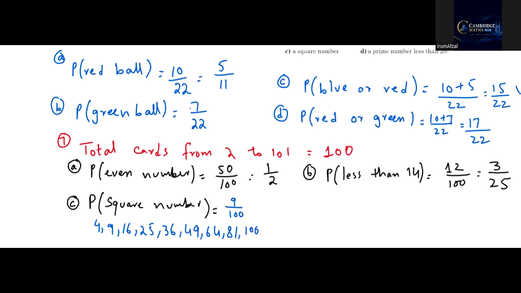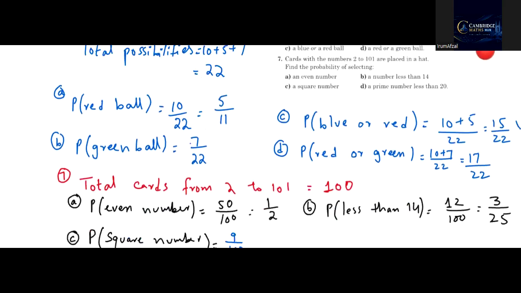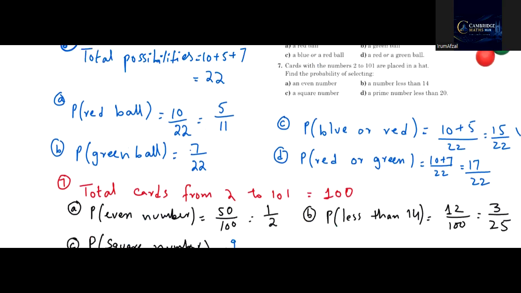The last is part D, a prime number less than 20. How many prime numbers? Prime numbers start from 2, 3, 5, 7, 11, 13, 17, and 19 as well. These are numbers that have only two factors, 1 and the number itself. Counting: 1, 2, 3, 4, 5, 6, 7, 8.